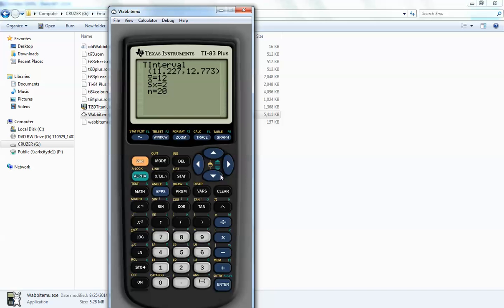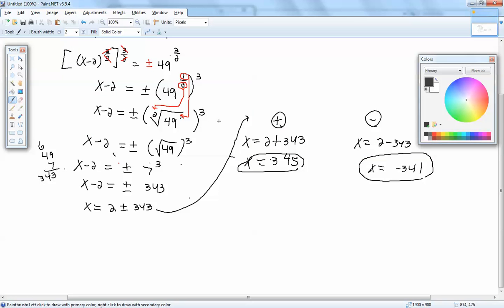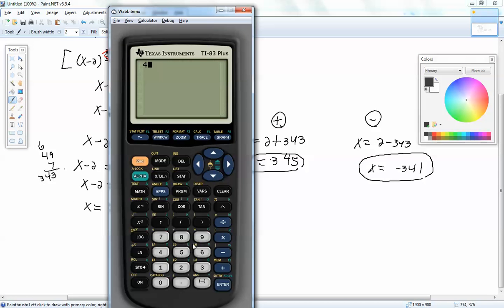Okay, so I'm going to do a clear. If you're in something, do a second mode to exit out. That exits you out of anything. And we said we want to do 49 to the 3/2 power. So do 49 caret, beginning parentheses, 3 divided by 2, closing parentheses, and then enter.